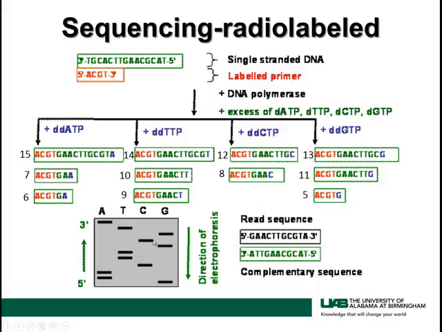And then G, C, G, so 10, 11 is G, and then 12 is C, and then G. The final 2 are T and A, and let's see, 14 is T, and then 15 is A. And so when you write the sequence out, that's what you're going to write out, right?